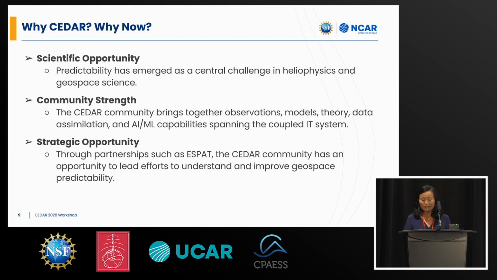We also have access to a remarkable set of community assets, including ground-based observations, satellite observations, and physics-based models. So finally, initiatives such as ESPAT provide an opportunity to connect CEDAR science with broader Earth system predictability efforts and to develop new collaborative approaches for tackling complex predictability challenges.